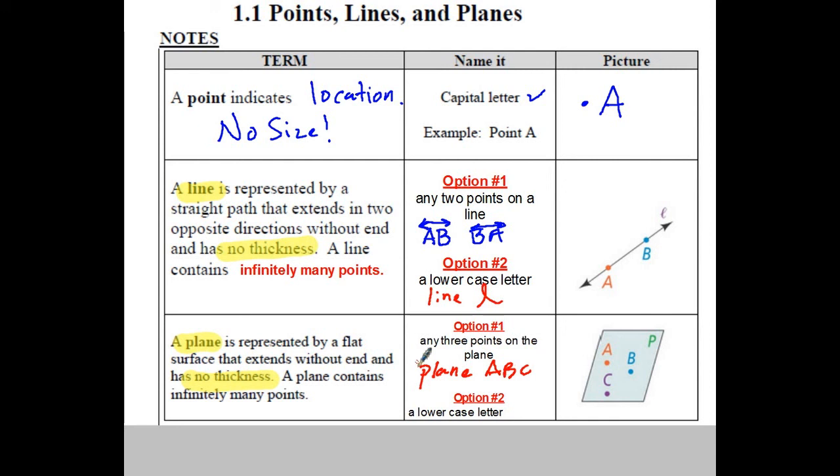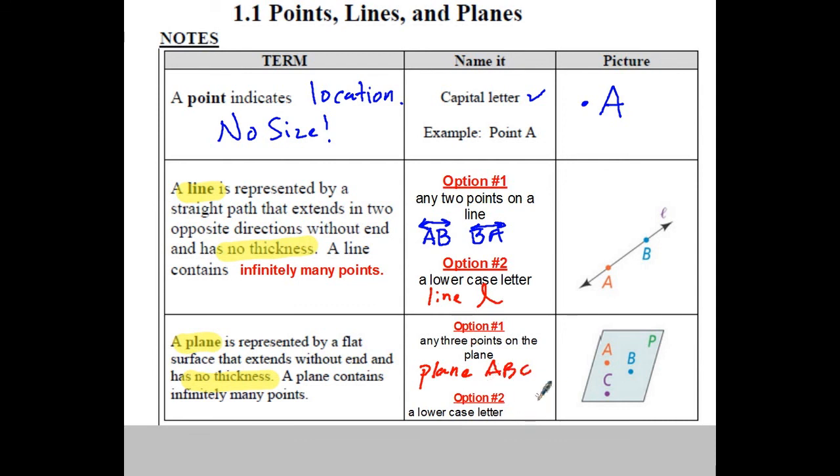Unfortunately, no, there isn't. We have to use the word plane. There's no other option to that. It's any three points. So I could have called this plane BCA, plane CAB, plane BAC. So there are many options for naming this plane. All you need is 3 points. And again, we're going to use capital letters for that too.